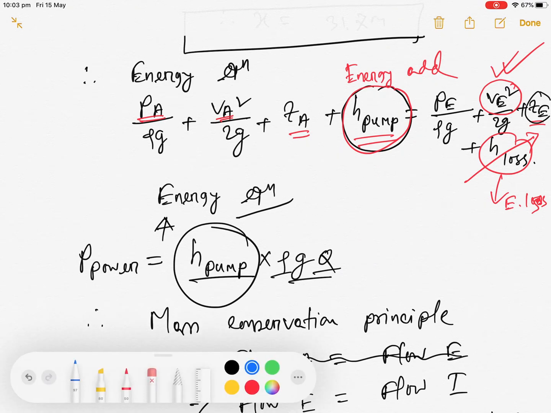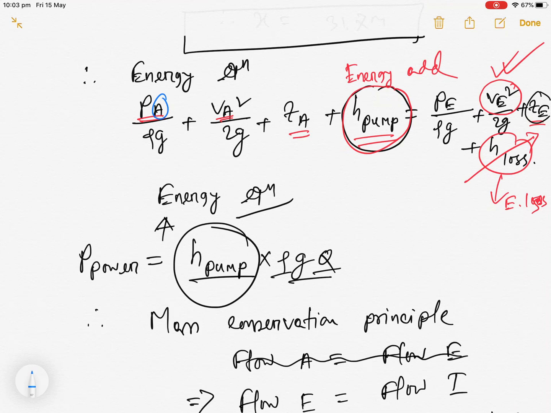The pressure at section A and section E is the absolute pressure which is given, and density and gravity are constant, so we can cancel out this term, because it will not affect the overall result, since it is the same.